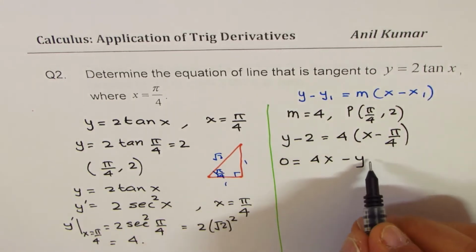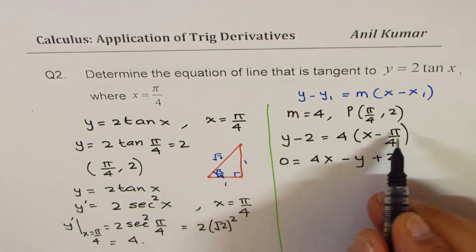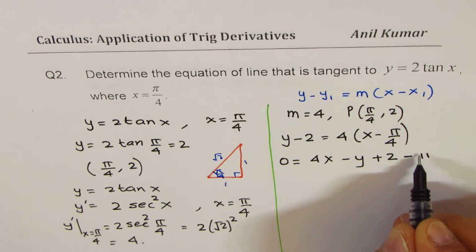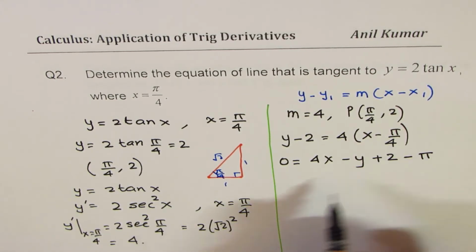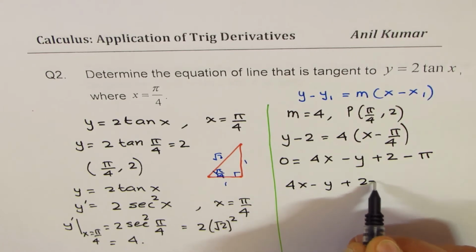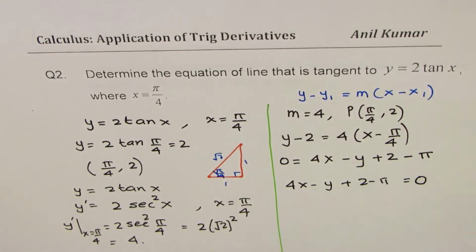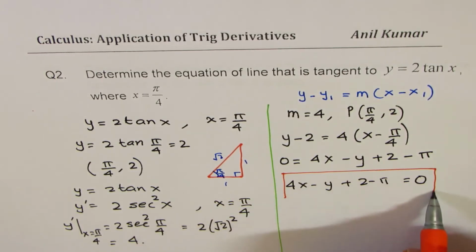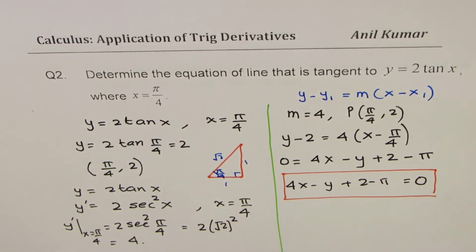Now bring this to this side, so we get plus 2. Open this bracket. So 4 and 4 cancel, we get minus pi. Is it okay? So that becomes the equation of the line. So we can write 4x minus y plus 2 minus pi equals 0 as the equation of the tangent line at x equals pi by 4.